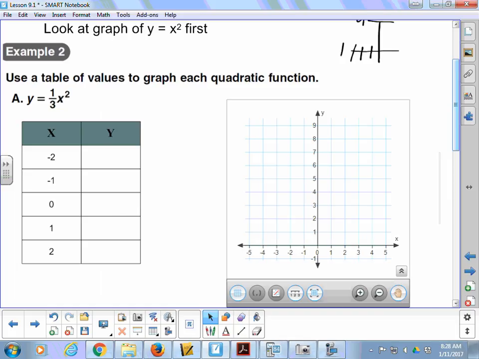Go from negative 4 on the x-axis to positive 4, and on the y-axis from negative 1 to 9. So negative 4 to 4 on the x-axis and negative 1 to 9 on your y-axis. And we're going to make a table.